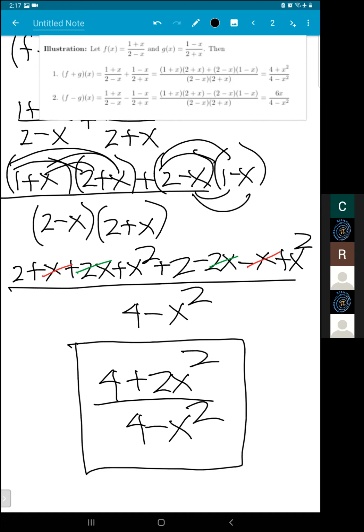So, how about optimization? Sinong nahirapan sa optimization? Sa optimization, all you have to do is set up a quadratic function to model the problem, and then you get the vertex of the quadratic function, because the vertex is either the highest or the lowest point.